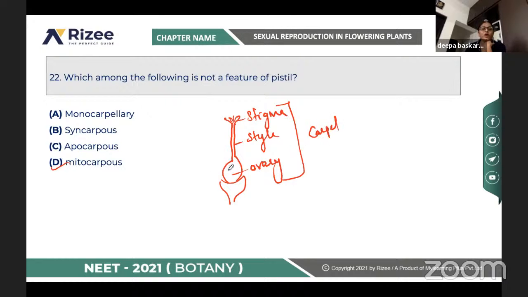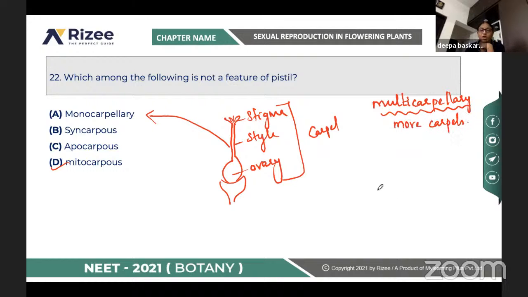Many flowers are monocarpellary, that is, one carpel. And multicarpellary flowers are also there. What do you mean by multicarpellary? They have more carpels.